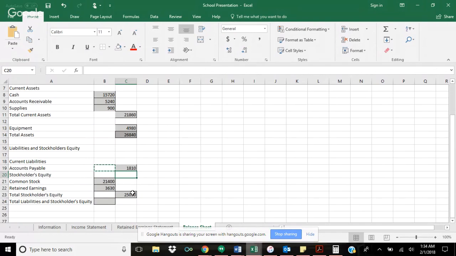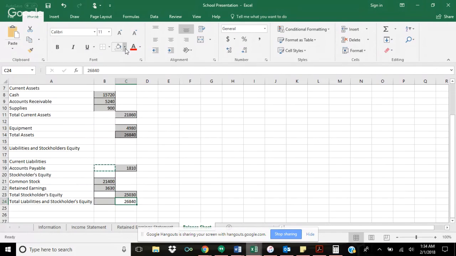Since this is the total of these two things and this is the total of current liabilities, we're going to add these two numbers together, which is going to give us the total for liabilities and stockholders' equity. And the whole goal is that it will equal the same number. So what we've got here is actually the same number of $26,840.